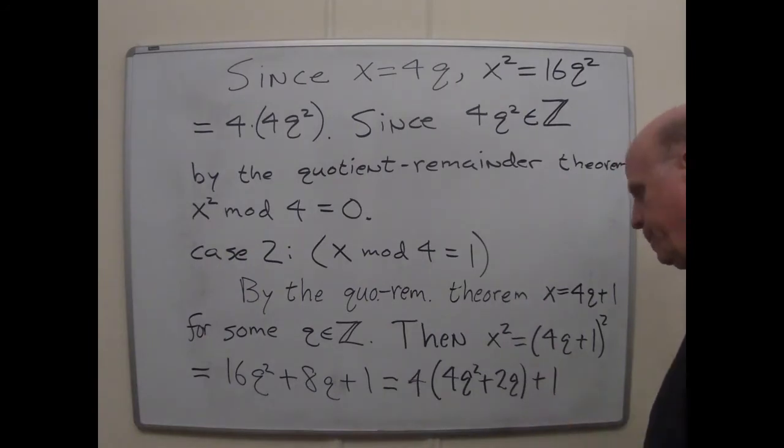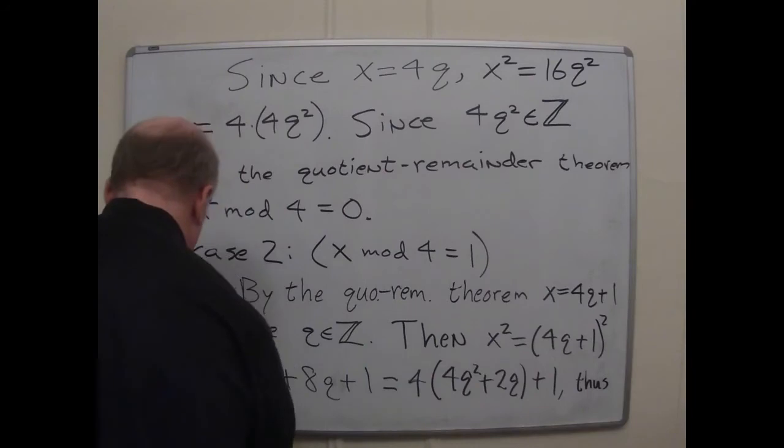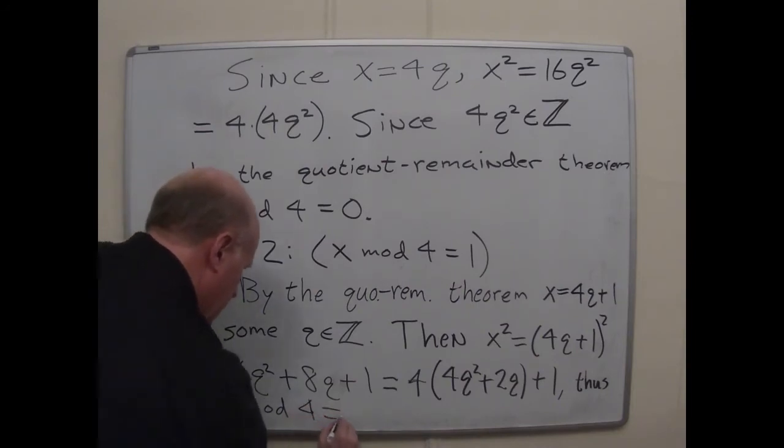And then there's a plus 1. Thus x squared is 1 mod 4. x squared mod 4 is equal to 1.